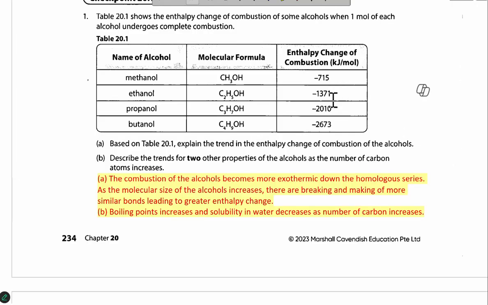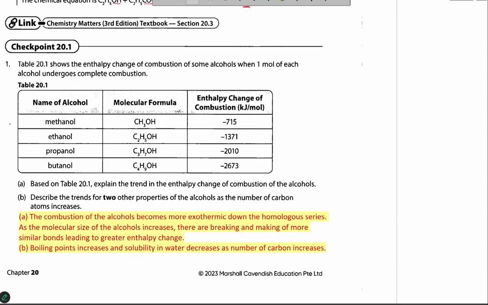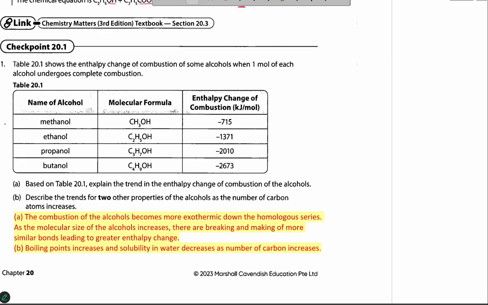Now, what is enthalpy change of combustion? This is basically an energy change. So when you have a formula like that, maybe I should just write out an example. I use the first one, CH3OH plus O2 will form CO2 plus H2O.